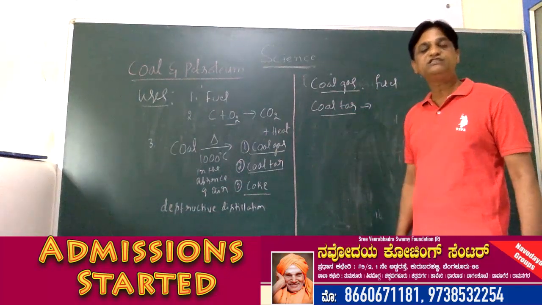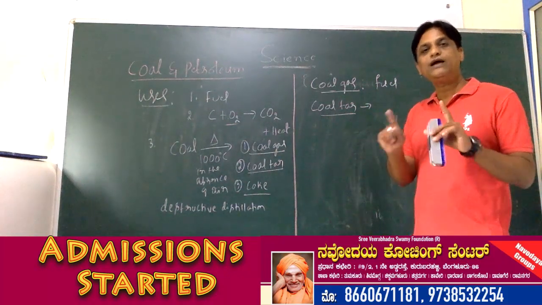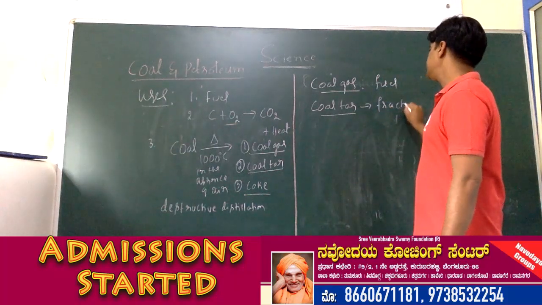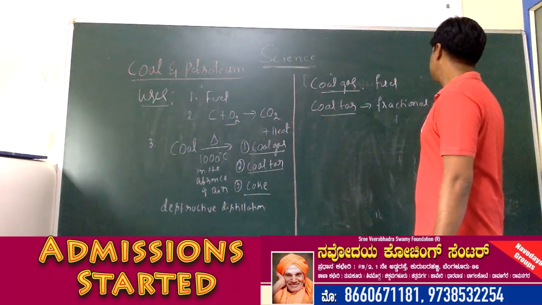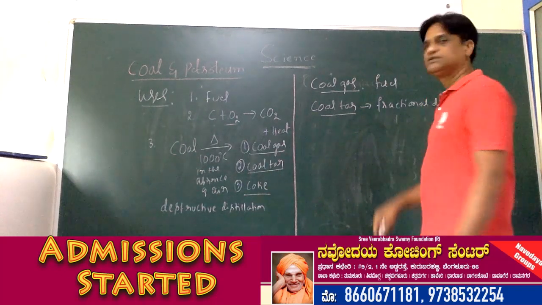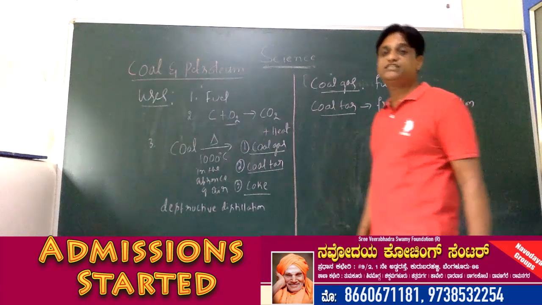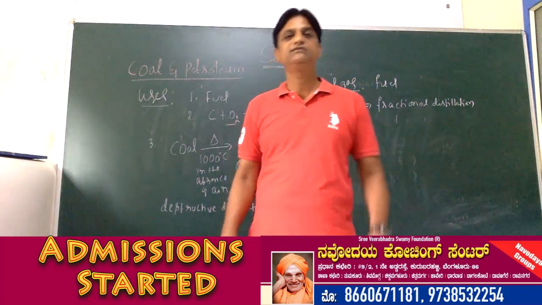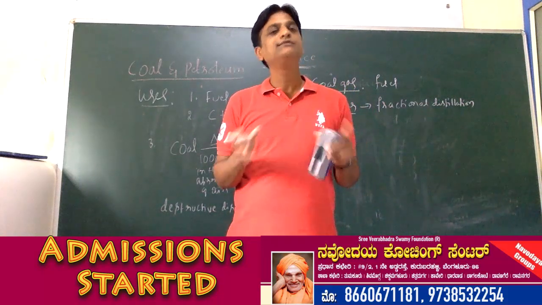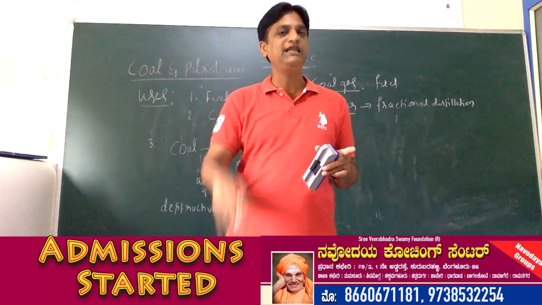So the liquid fraction which is obtained is called coal tar. When coal tar is subjected to fractional distillation. What is fractional distillation? Fractional distillation is a process of separating the components which have different boiling points.